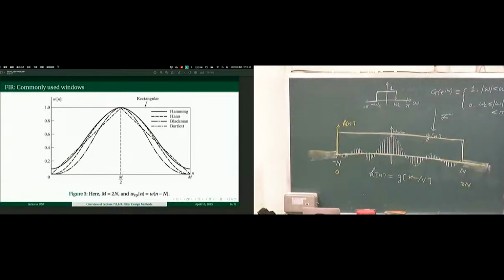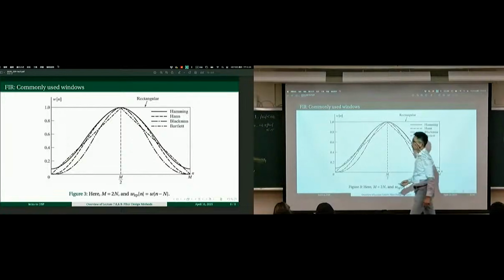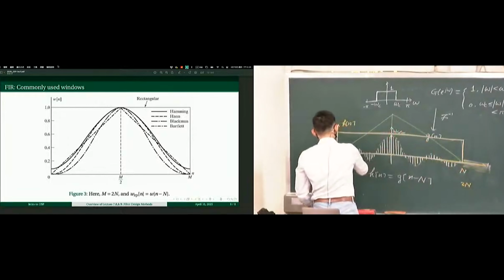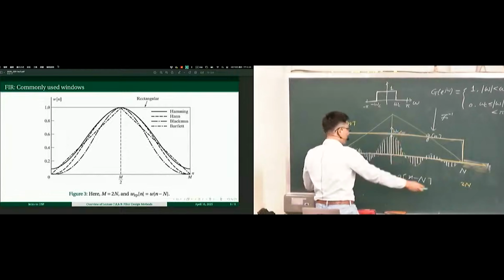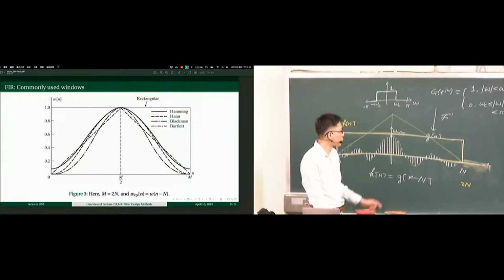For example, we multiply it with the triangular Bartlett window like that. You'll be multiplying the triangle sample by sample with your design, hopefully to improve the performance. That's shaping with the window function.